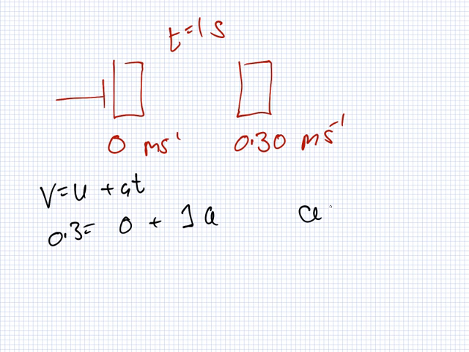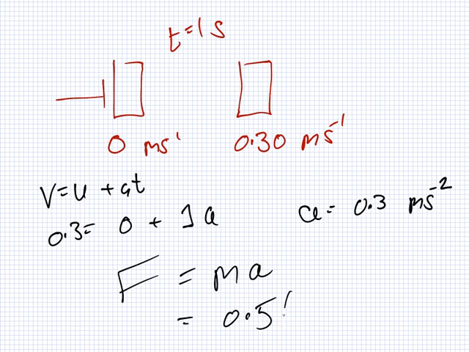We get a is 0.3 meters per second squared. And so Newton tells us F should be ma, which is 0.5 times 0.3, which is 0.15 newtons. Yeah, that's okay. Let's have a look at another one now.